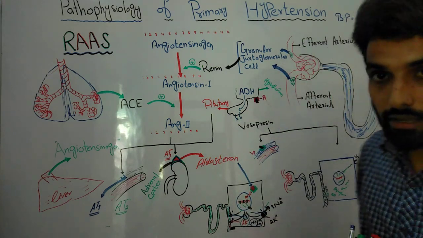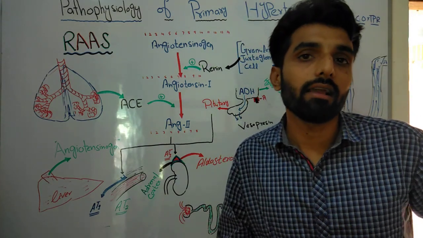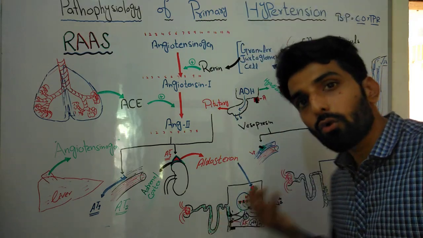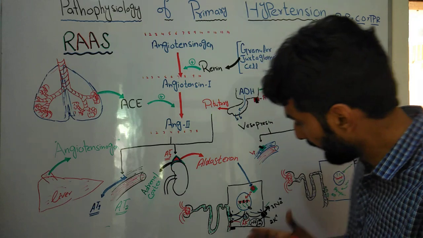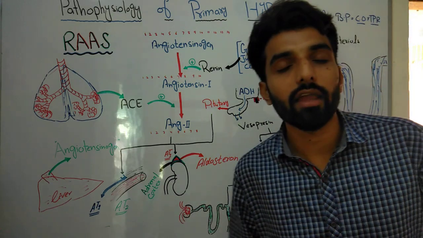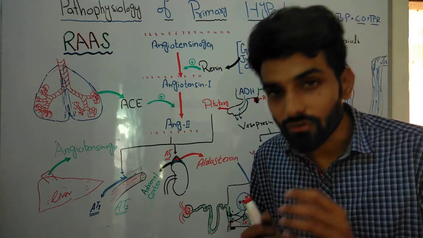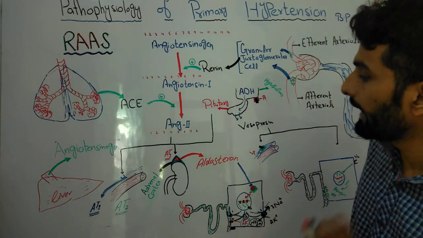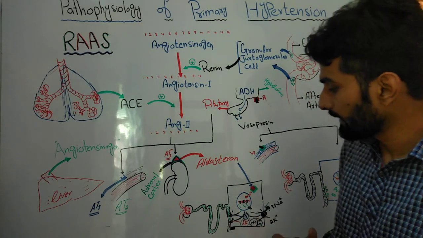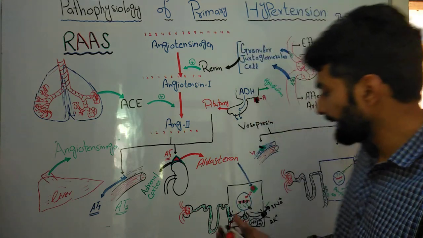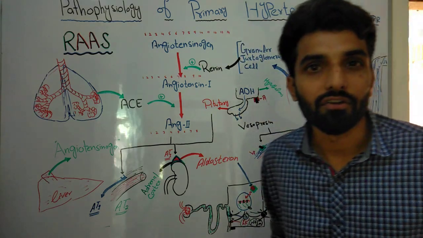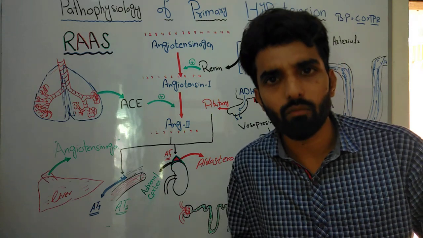Okay. In this way, aldosterone is basically increasing the sodium reabsorption, sodium retention, and it is increasing the excretion of potassium. So this is the reason we can say that aldosterone basically causes hypokalemia, and it increases the reabsorption of sodium and ultimately water as well.